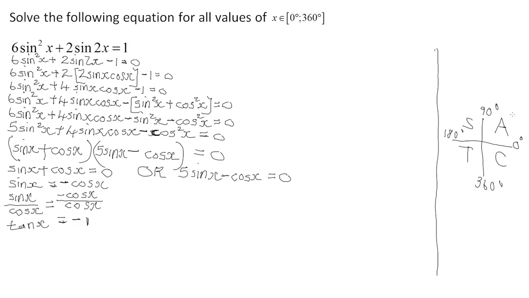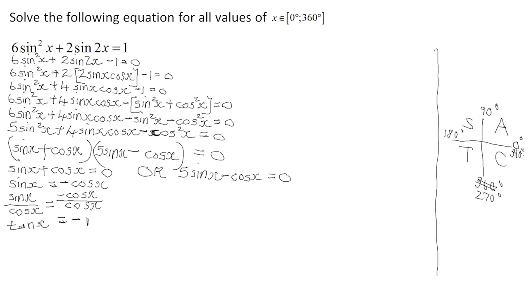Tan, according to this diagram, is negative in quadrant 2 and in quadrant 4. It means that I will get a value there between 90 and 180, and I will also get a value there between 270 and 360. Sorry, that's 270. So it will either be between 90 and 180, or between 270 and 360.